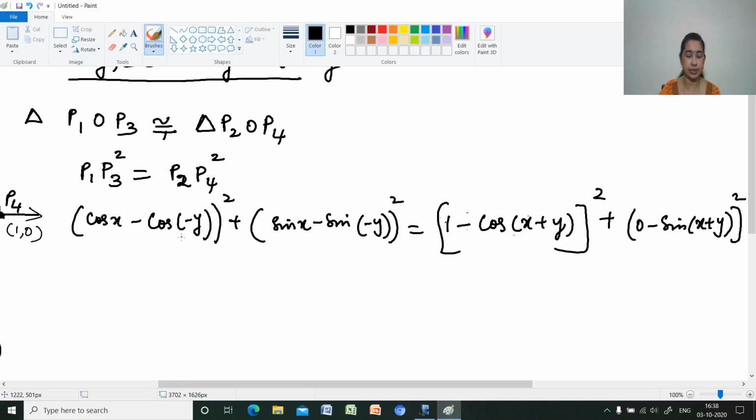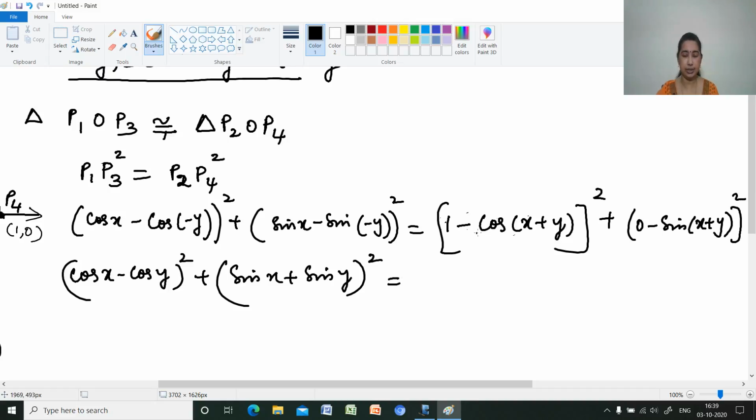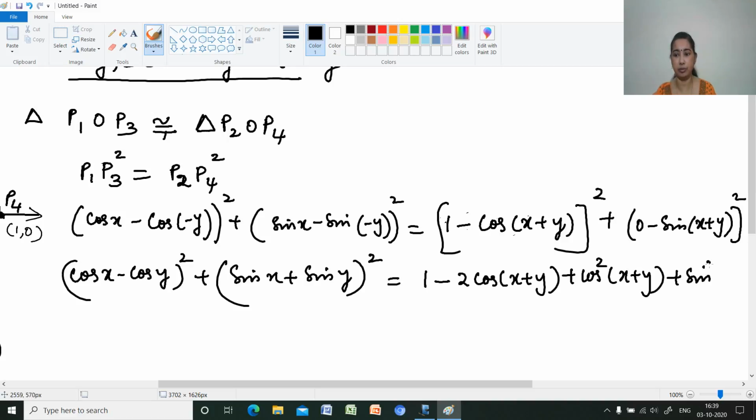Now we'll expand this. Since cosine is an even function, cos of minus y is cos y itself. So this is cos x minus cos y whole square, and sin x minus sin of minus y, that is sin x plus sin y whole square. And this side you can expand as a minus b whole square: 1 minus 2 cos of x plus y plus cos square of x plus y, plus sin square of x plus y.